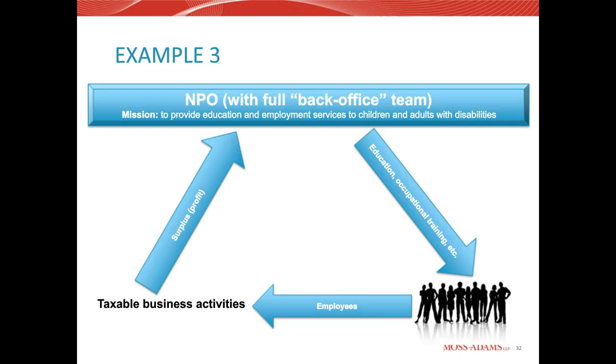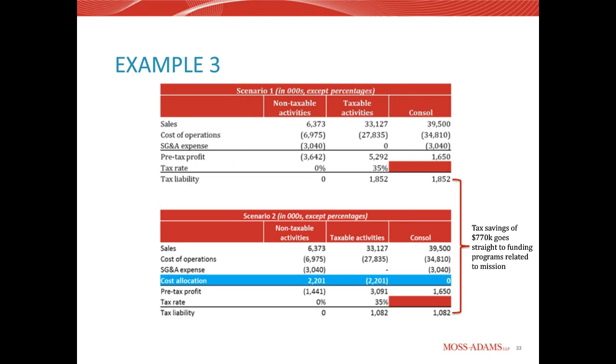So here we see that a look at the functions performed by the back office administrative staff resulted in $2.2 million of the $3 million of SG&A costs being allocated from the non-taxable activities to the taxable activities.